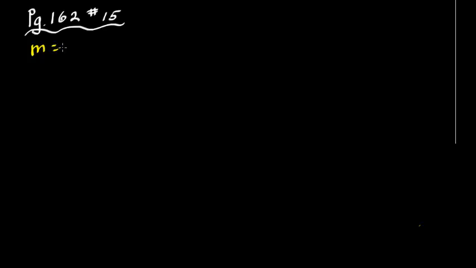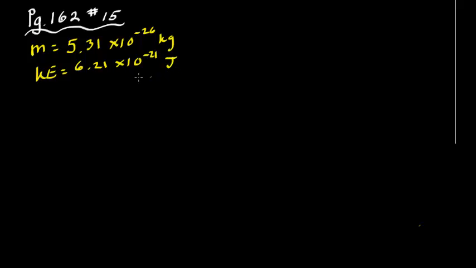We know the mass equals 5.31 times 10 to the negative 26 kilograms. And they say the kinetic energy is equal to 6.21 times 10 to the negative 21 joules.